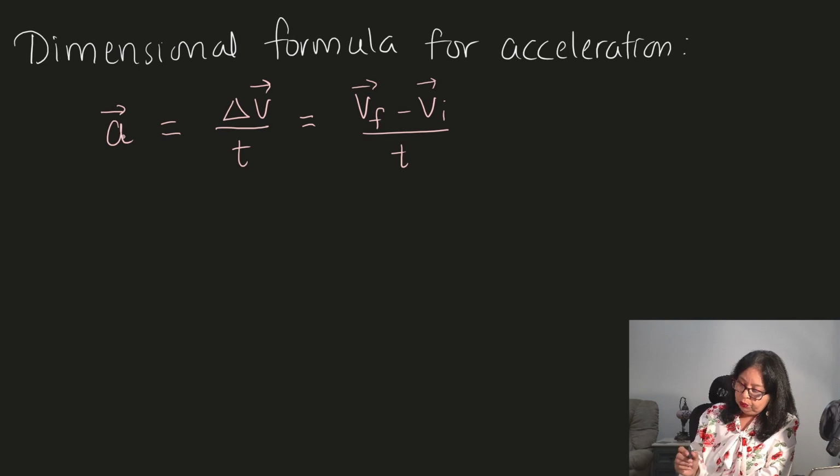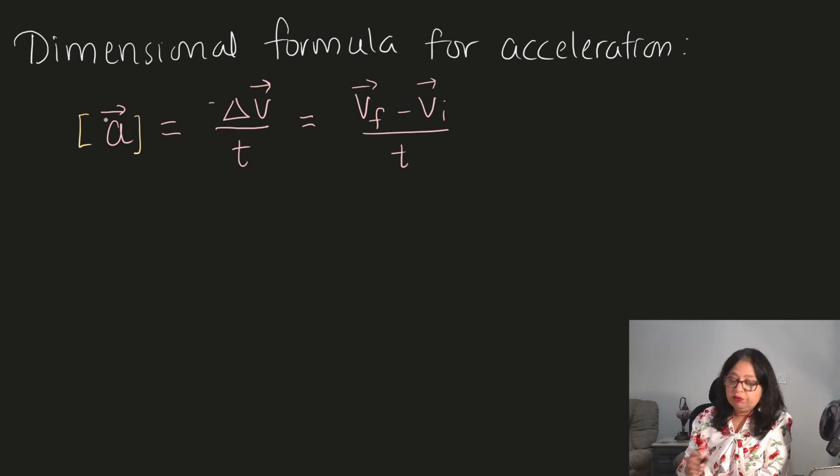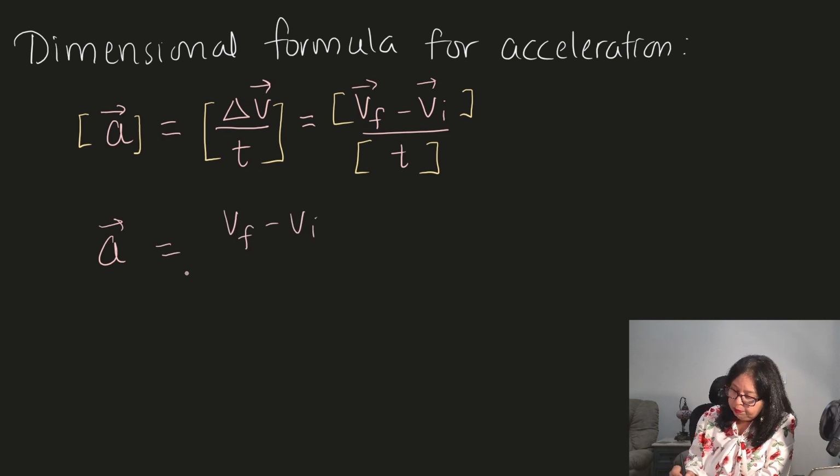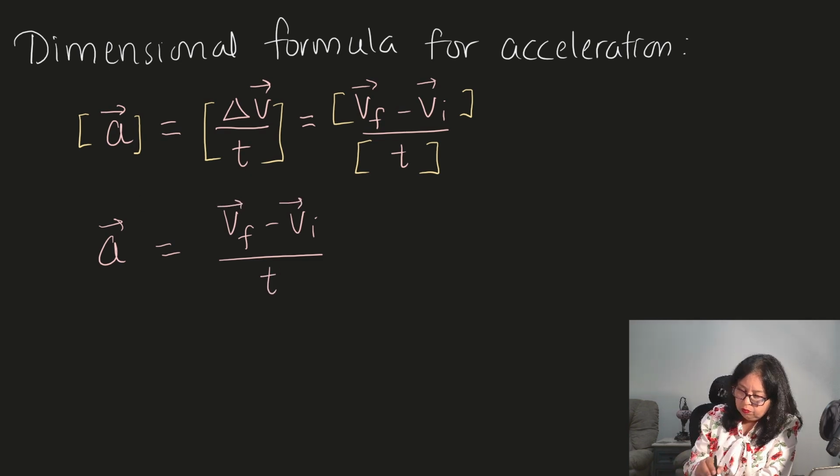What do we want to do? We want to evaluate the dimensional formula for acceleration. That means we need this dimensional formula, which can be written like this. We have done it a couple of times already, and hopefully you get it by now. I'm going to just rewrite it a little bit. Vf minus Vi divided by t.